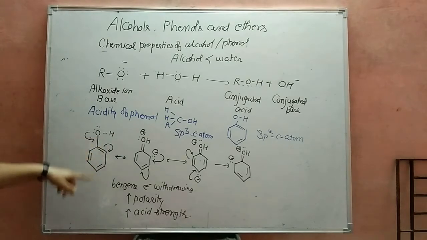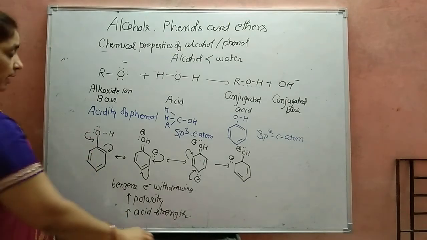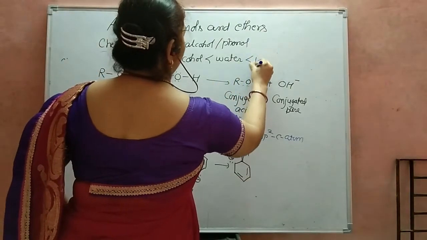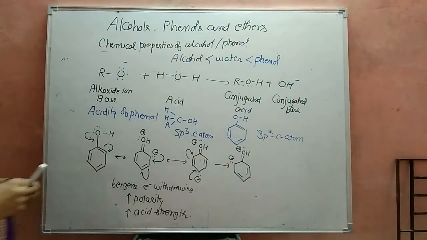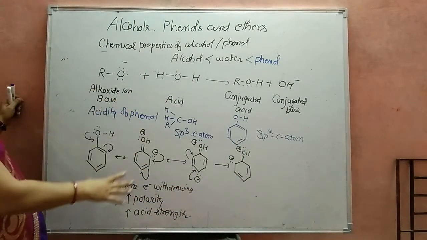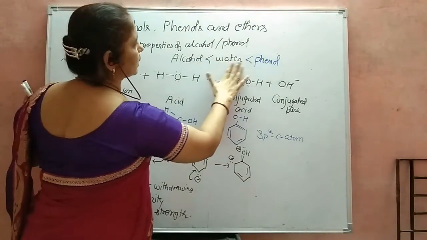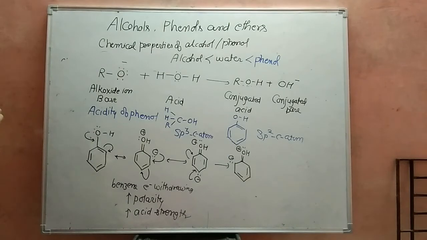So increased polarity, increased acid strength. It means that if we compare alcohol, phenol and water, then phenol is more acidic. Okay? So here we discussed why alcohol is less acidic than water, and water is less acidic than phenol, so phenol is the most acidic of all three.